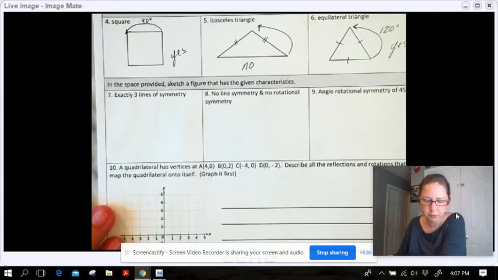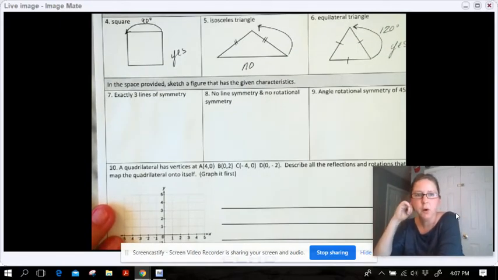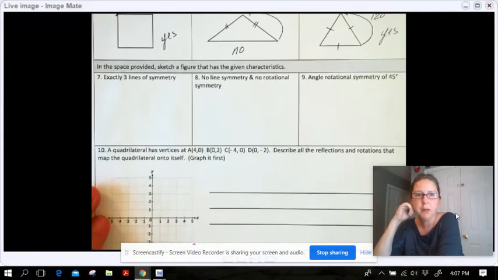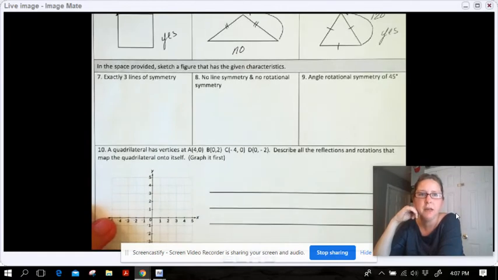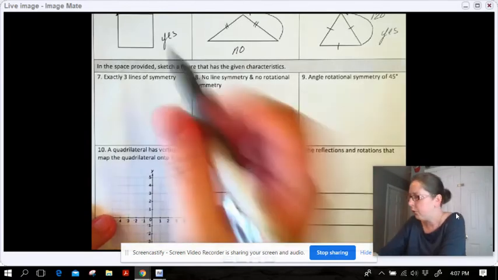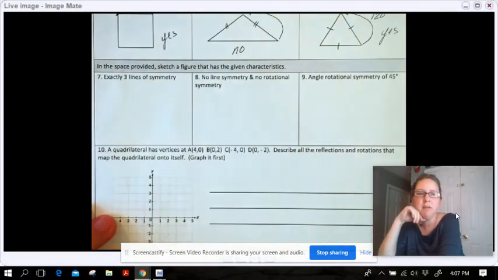All right, number 7. So actually, I'm going to pause for a minute and I would like for you all to try this, okay? In the space provided, sketch a figure that has the given characteristics. So for number 7, you need to have exactly 3 lines of symmetry.